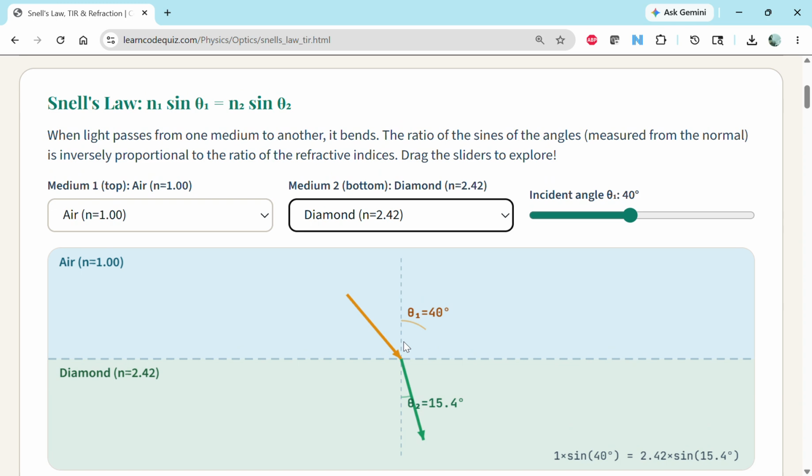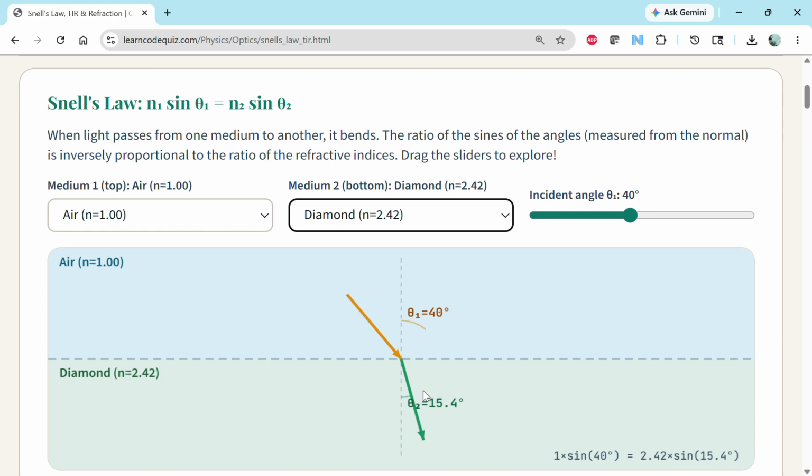What happens? You may turn and bend, right? You'll be forced to do so. So that's exactly what's happening here. Light rays come through one medium, try to go into another, but if the other medium is much denser compared to the first medium, the light will be forced to bend.